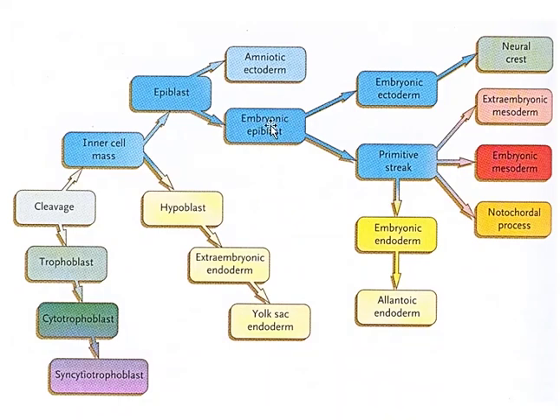The embryonic epiblast gives rise to embryonic ectoderm, embryonic mesoderm, and embryonic endoderm. The primitive streak appears in the embryonic epiblast and gives rise to extraembryonic mesoderm, embryonic mesoderm, and the notochordal process. The remaining part of the embryonic epiblast, not migrated by invagination through the primitive streak and primitive groove, is called embryonic ectoderm, and it also gives rise to neural crest cells.